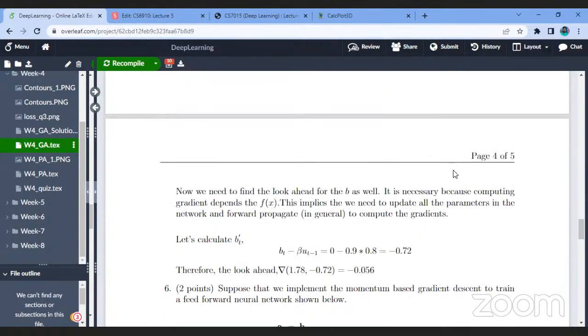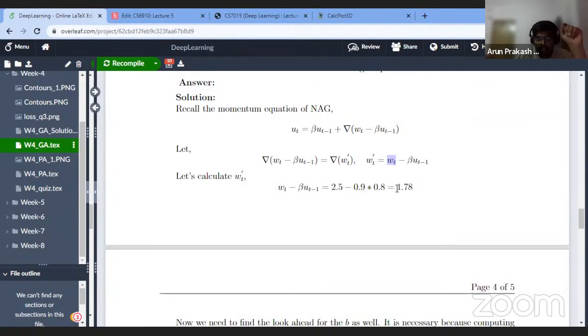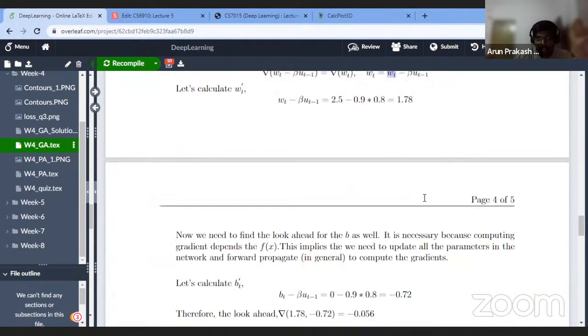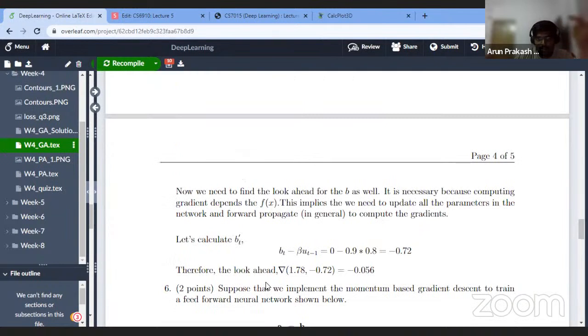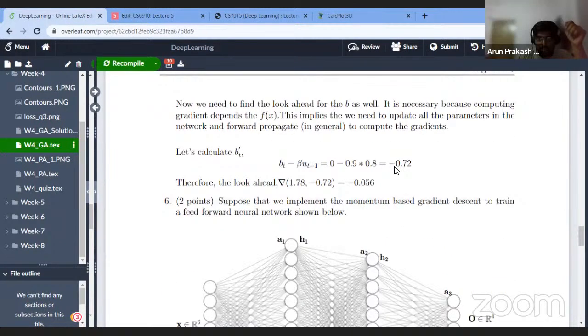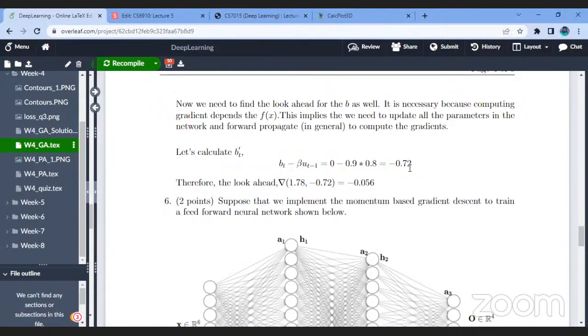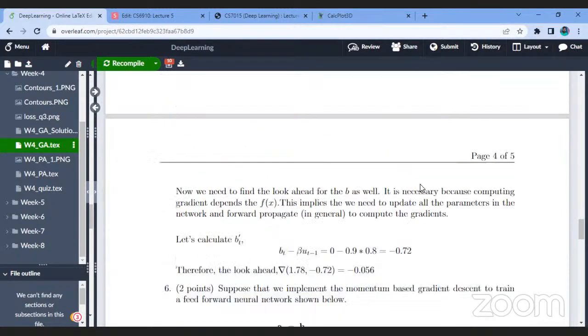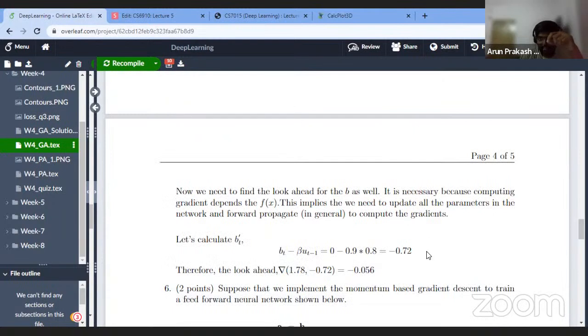Now I computed the value for 1 parameter w_t, and then I have to repeat the same to compute the value for b_t. You substitute the values and you end up with minus 0.72.